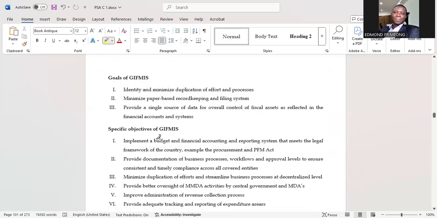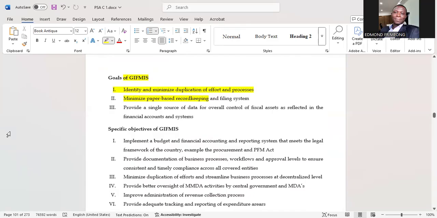Okay. The goals of GIFMIS. The broad goals of GIFMIS. GIFMIS has come to identify and minimize duplication of effort and processes, so that one person will not do the same thing twice, or even 2 persons will not do the same work twice. GIFMIS has come to minimize paper-based record keeping and filing systems.